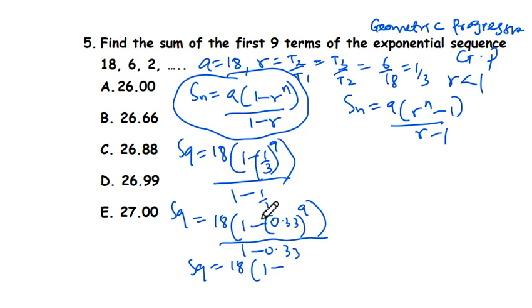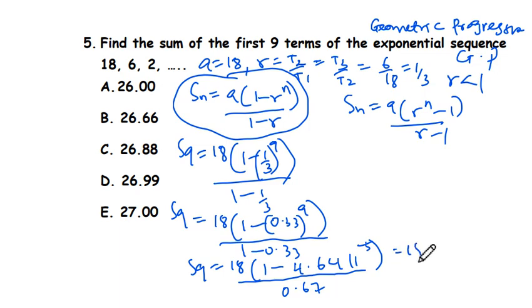That gives us 4.6411 raised to the power of minus 5, and 1 minus 0.33 is 0.67.